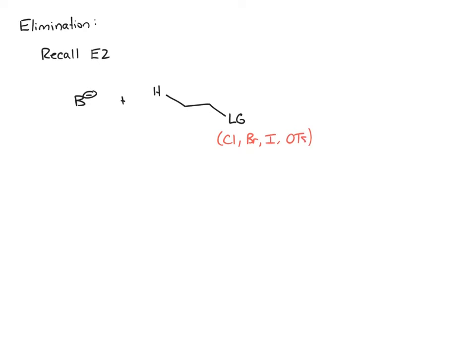You labeled the carbon with the leaving group as alpha, the next carbon over is beta, and as long as you have a beta hydrogen, the base will grab the beta hydrogen, send those electrons down between the alpha-beta bonds, and you lose your leaving group. The net result is we end up with this alkene product.